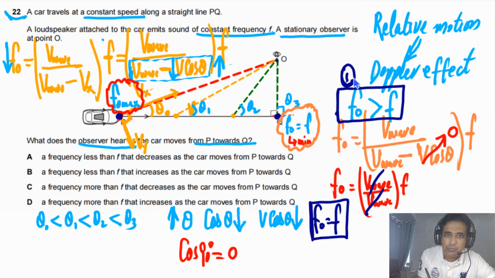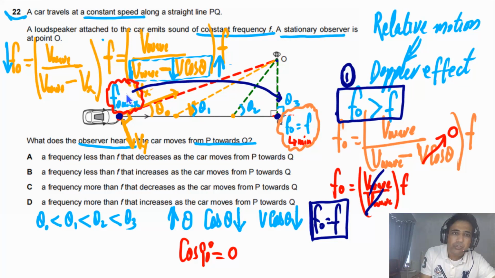So you need this point to answer this question. The second thing we discussed is that when the source moves from point P to point Q, the observed frequency is decreasing, because here the observed frequency is maximum, and here it is minimum.